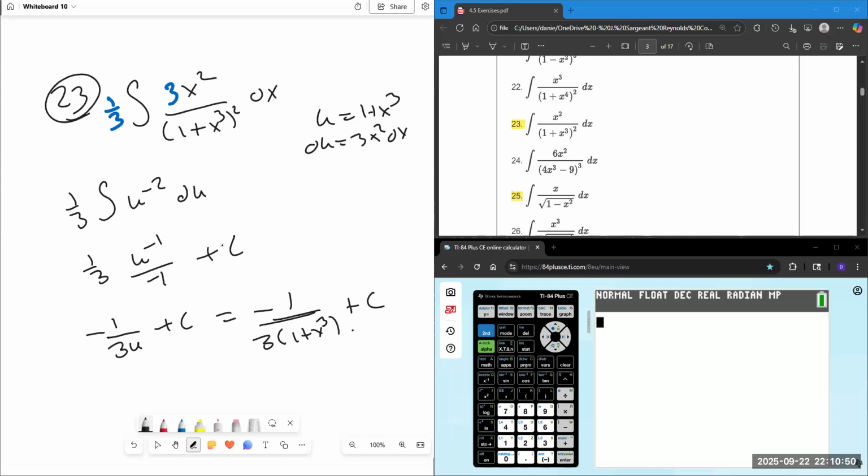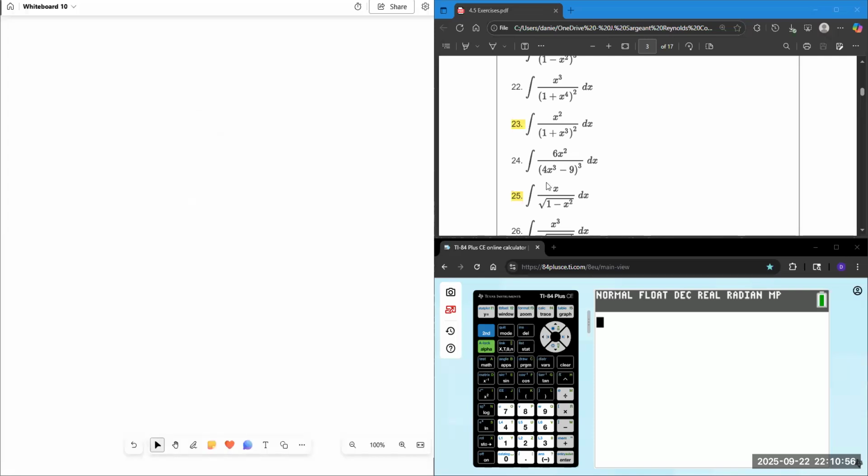Okay, 25. It's the integral of x over the root of 1 minus x squared dx. U is 1 minus x squared. Du is -2x dx.